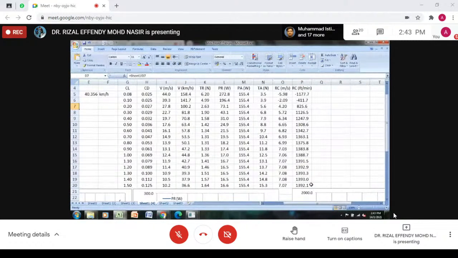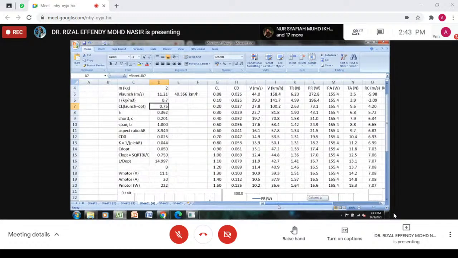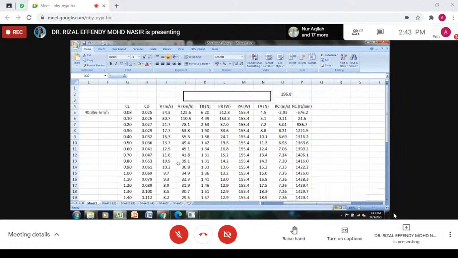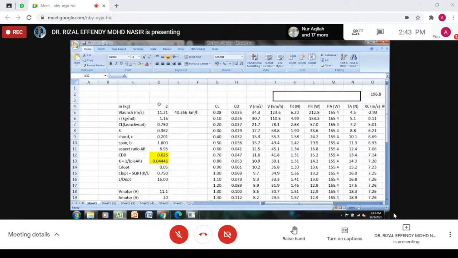So apa yang nak buat ialah actually sebenarnya I want to gather the maximum rate of climb for the given altitude. Okay, so let's say I set this altitude. Okay, dalam feet. Okay, yang ni 0.